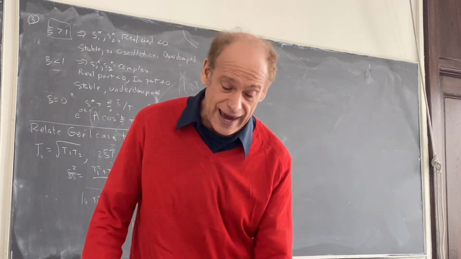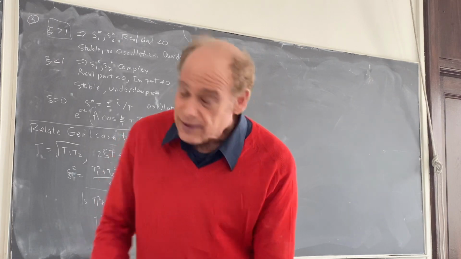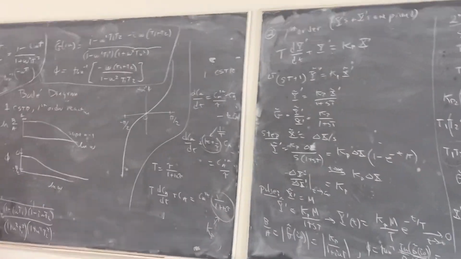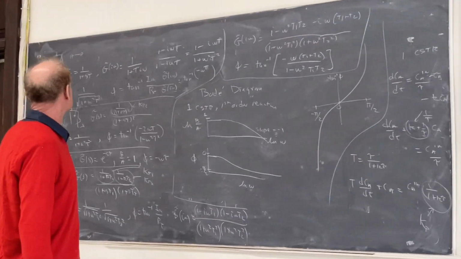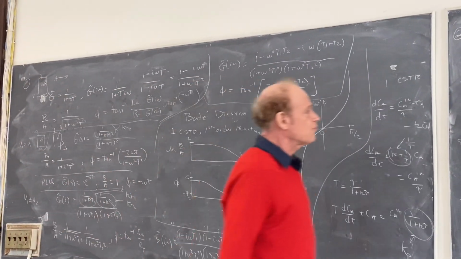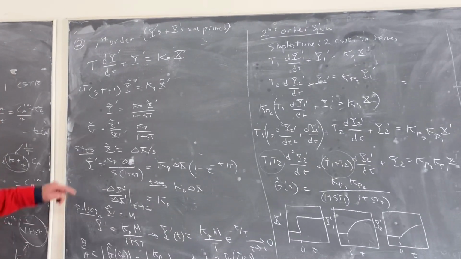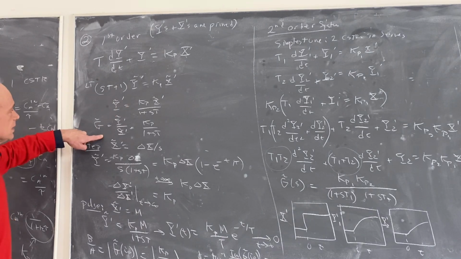Okay, well, let's calculate. Let's see, what do I want to calculate here? Yeah, okay, so let's look at the first order system. So in a first order system, we have G tilde is this.